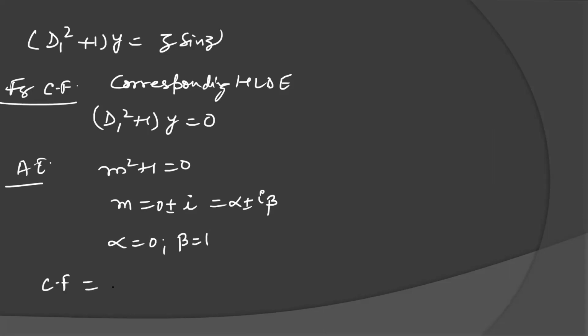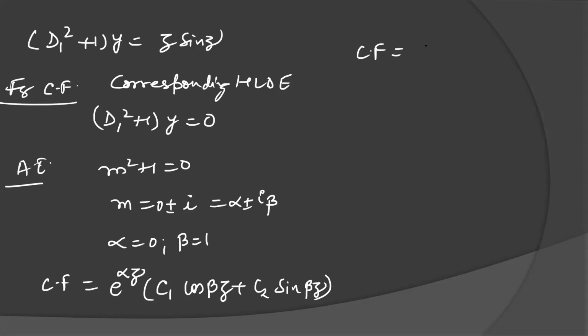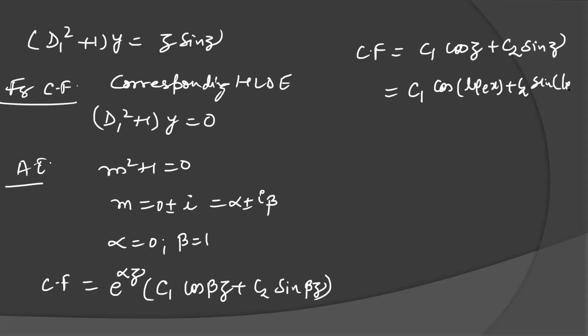In that case, CF was e to the power alpha times (C1 cos beta plus C2 sin beta) into the independent variable, that is z here, so you have to write z. If x is independent, we will write x. Now put the value of alpha and beta. Alpha is 0, so e to the power 0 is 1. C1 cos z plus C2 sin z. And you can write cos z as cos log x, so C1 cos log x plus C2 sin log x. So this is our complementary function here.